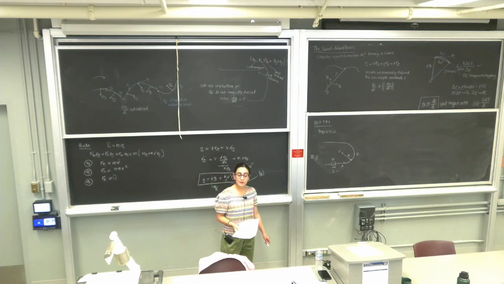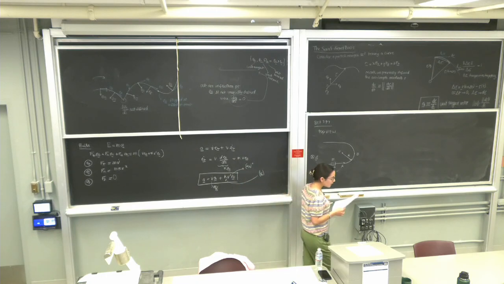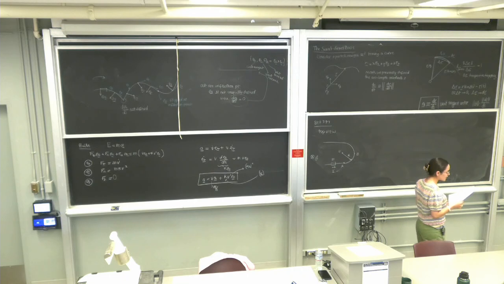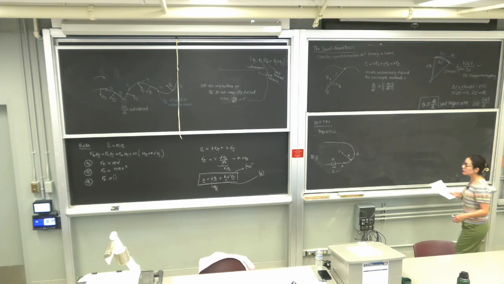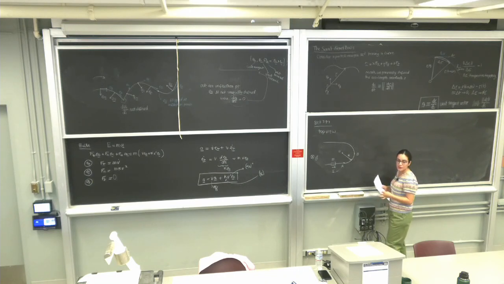We're going to learn about friction on Thursday. But right now the guide is smooth and it lies in the horizontal plane. Determine the magnitude R of the force which the guide exerts on the slider just before it passes point A, and as it passes point B. So basically we want to determine the normal force, the reaction force from the guide on the slider, at points A and B.